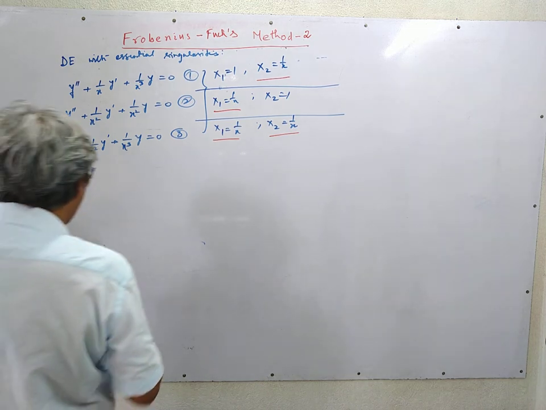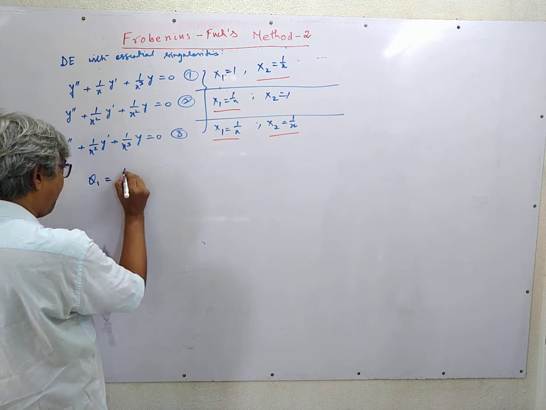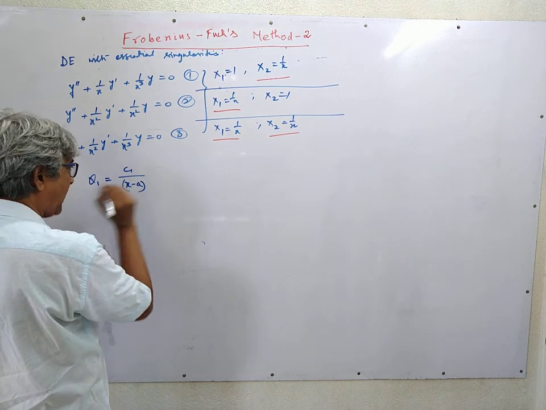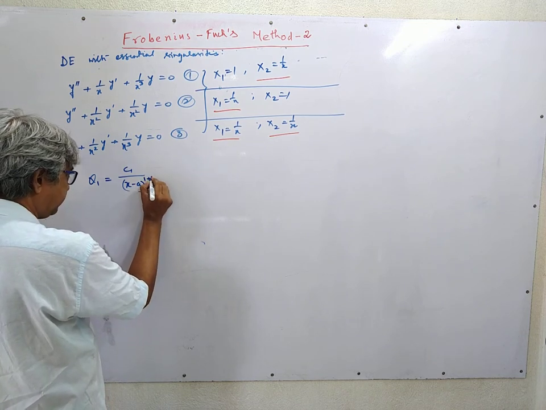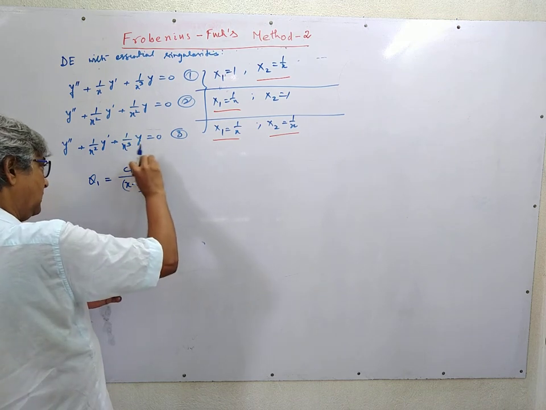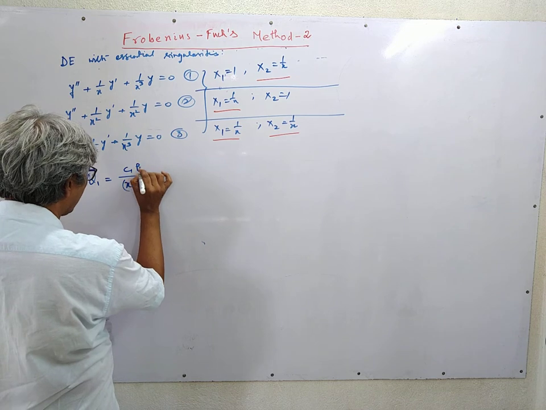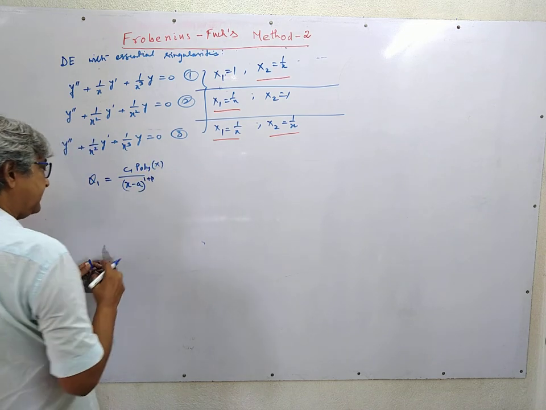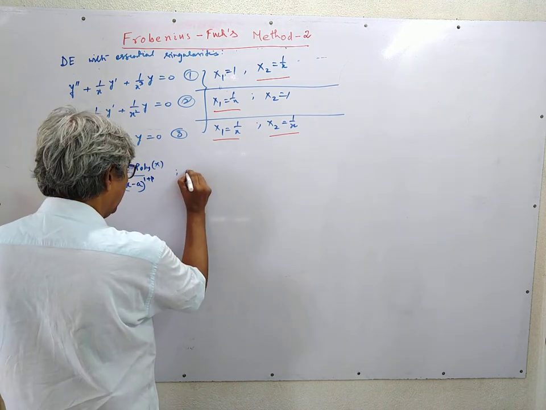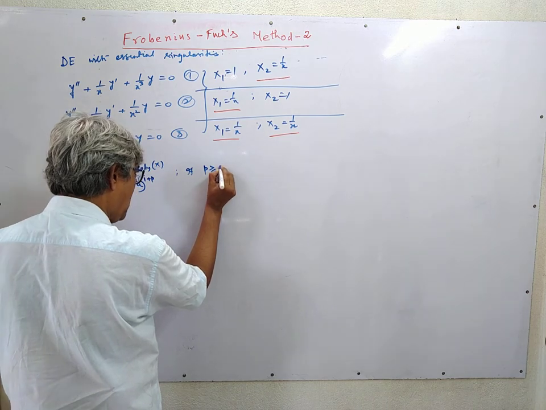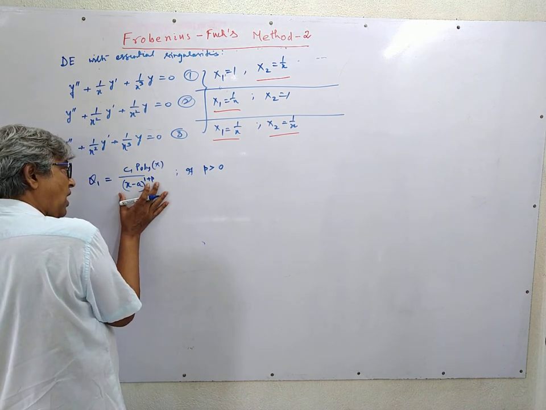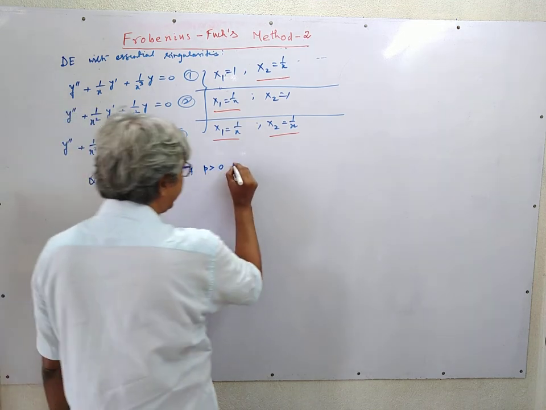We conclude here that if Q1 is at most of the form some function c1 times a polynomial of x divided by x minus a to the power 1 plus p, a rational function of x, then for values of p greater than 0, this term in Q1 diverges faster than 1 by x minus a and will be an essential singularity.